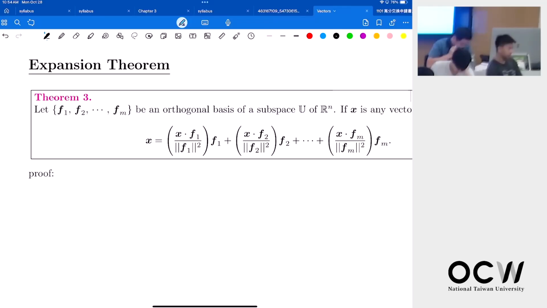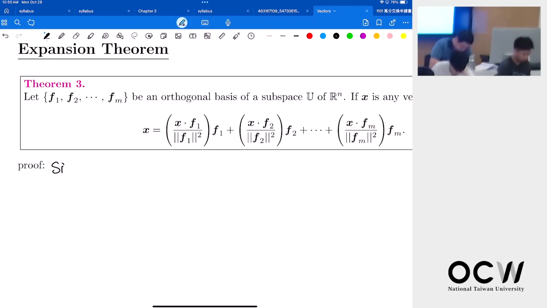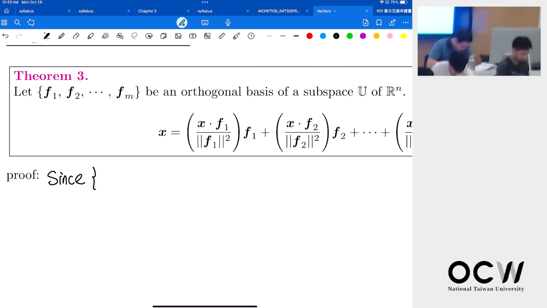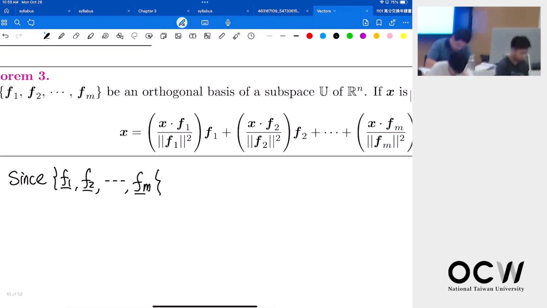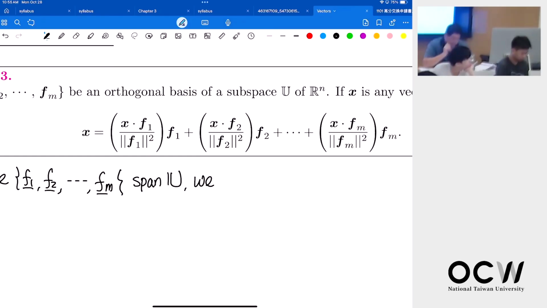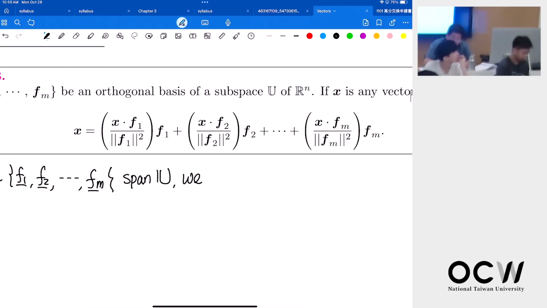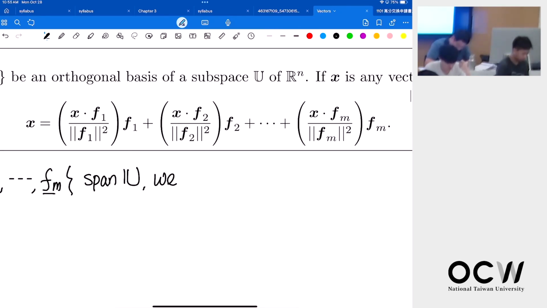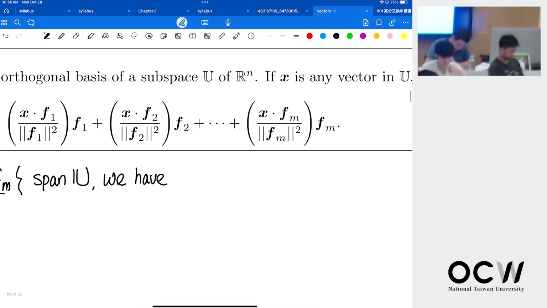Let's write it down. Since F1, F2, to Fm, they span the subspace U. If we remember, if we say it spans the subspace U, that means I can express any vector with a linear combination of those vectors F1 to Fm.